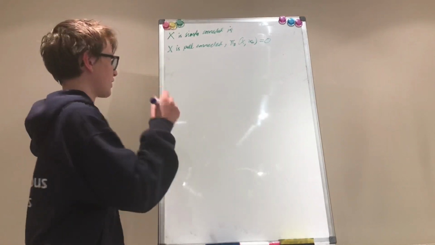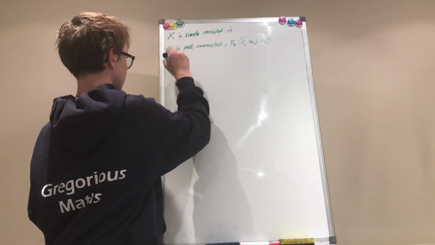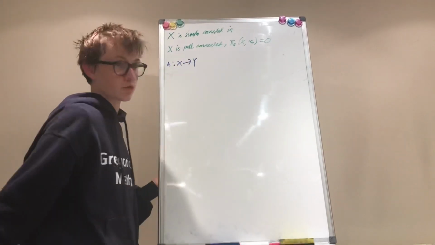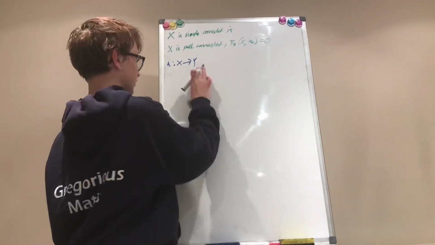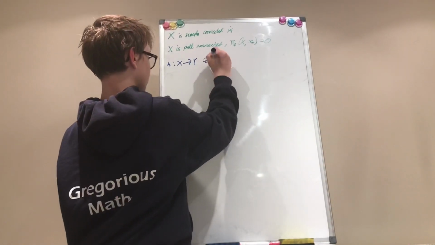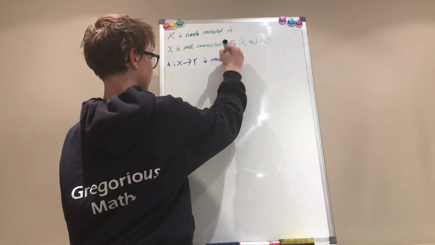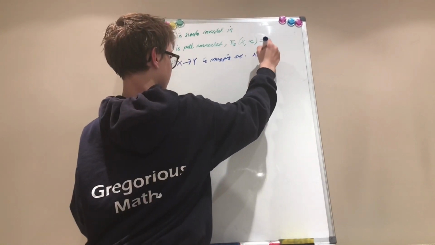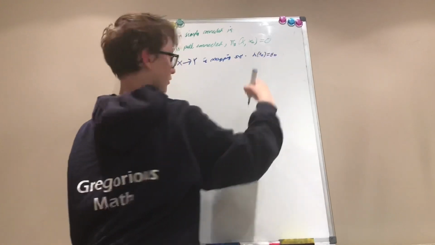Okay, so say H takes you from a topological space X to a topological space Y, is a mapping such that H of x0 is equal to y0.